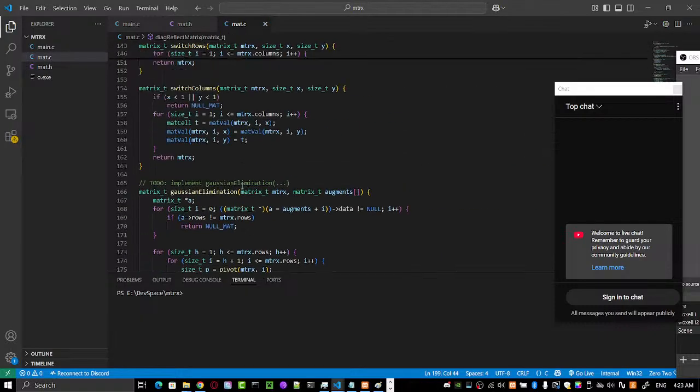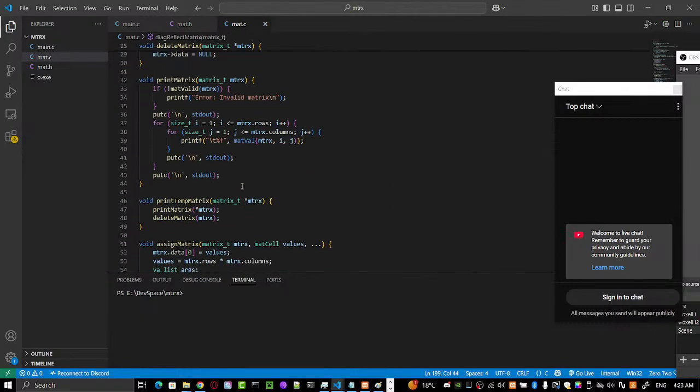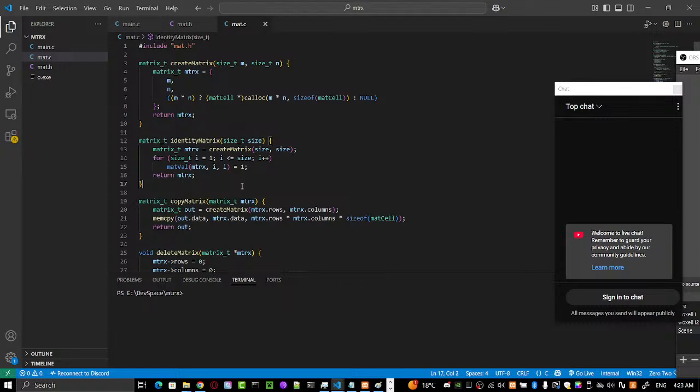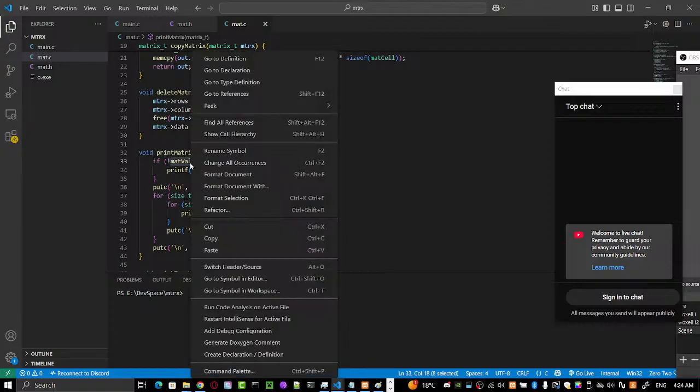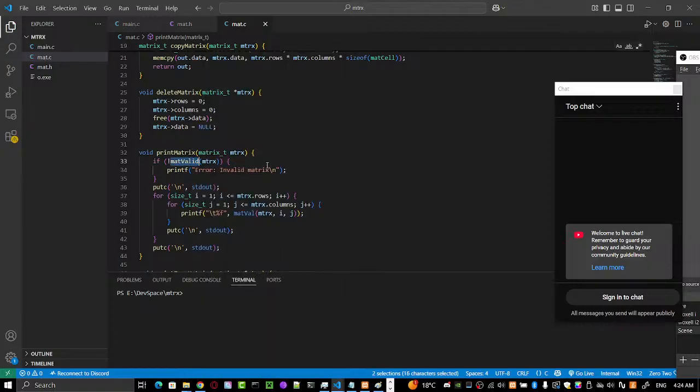We definitely need to replace the rest here. So we have valid, right? So we change all of the occurrences and we just put s.